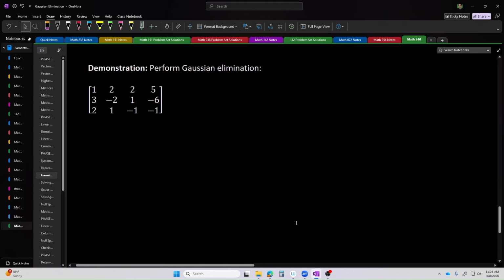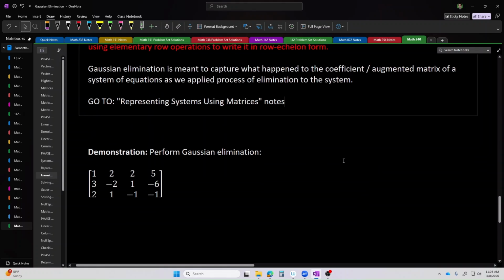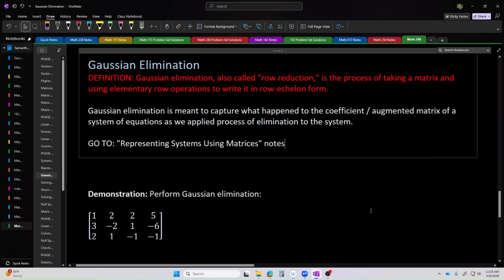So for example, someone gives me this matrix that has 4 columns and 3 rows and asks me to perform Gaussian elimination. So essentially, they're asking me to take this matrix and write it in row echelon form using the 3 elementary row operations that we established in the previous lesson.